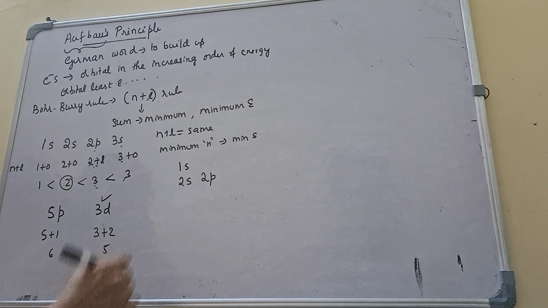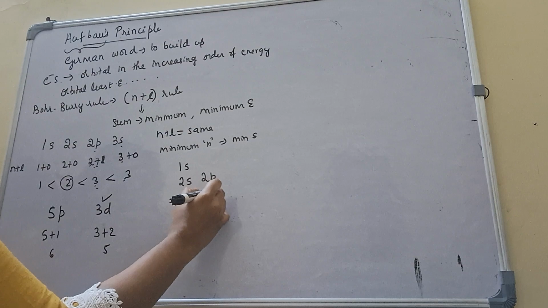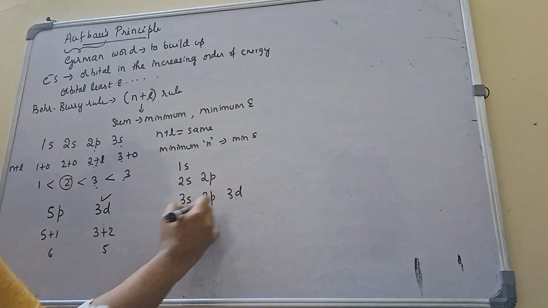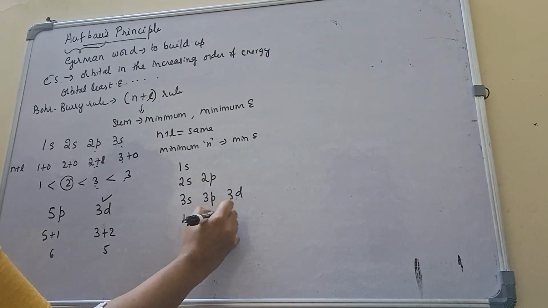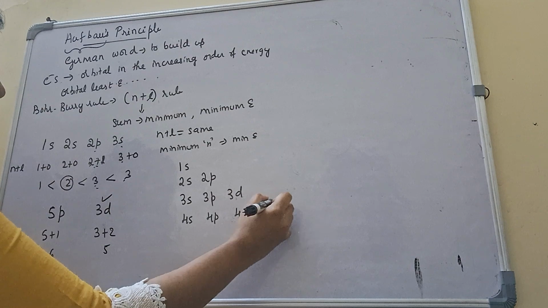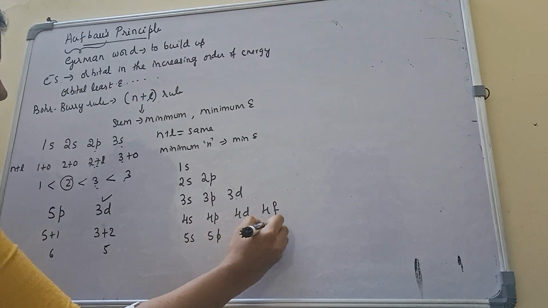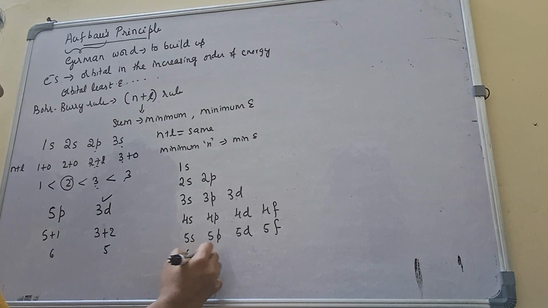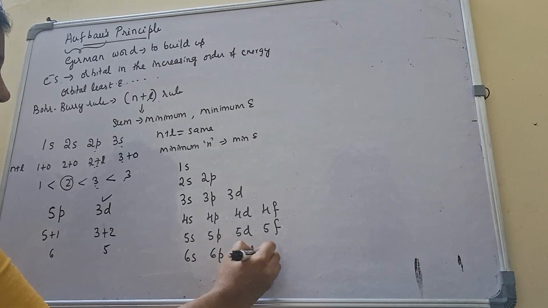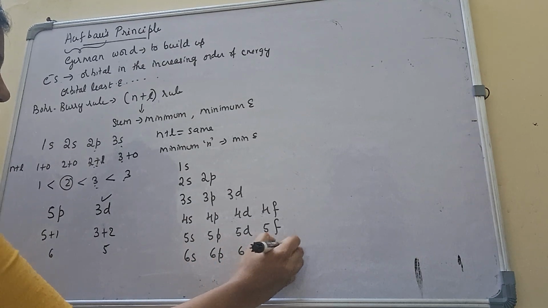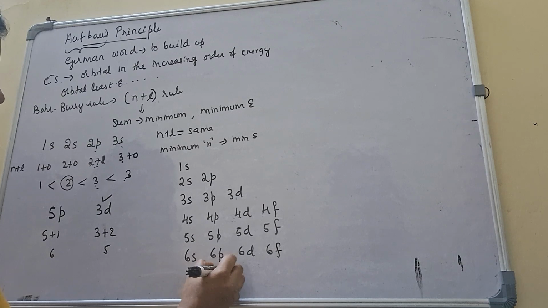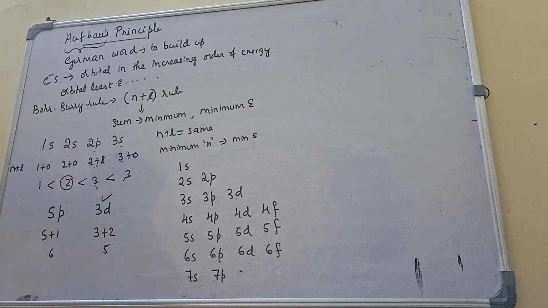This is 3s, 3p and 3d, and then you have 4s, 4p, 4d, and there is f also, 5s, 5p, 5d and 5f, 6s, 6p, 6d, 6f and 7s, 7p. That's all. You can write more, but this much is enough.